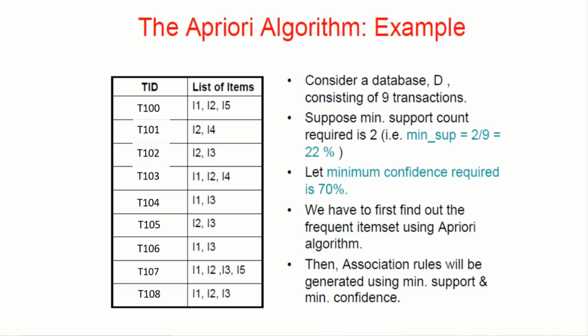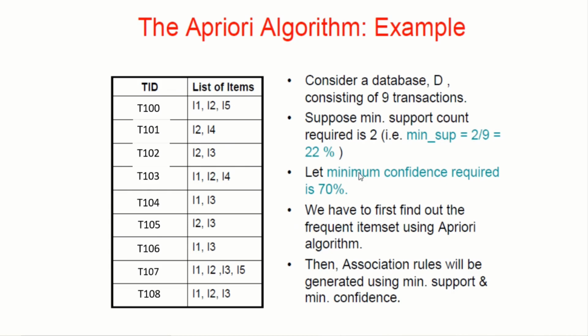For this, let us consider a database D consisting of 9 transactions as shown. Here, TID is the transaction ID, and the list of items purchased in that particular transaction has been listed here. Now suppose the minimum support count required is 2. Then minimum support is given by 2 by 9, out of the total of 9 transactions. So 2 out of 9 is 22%.